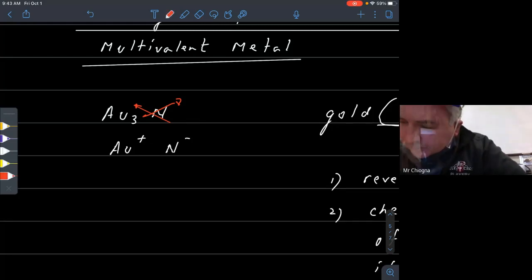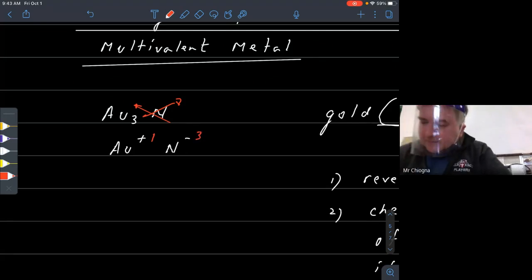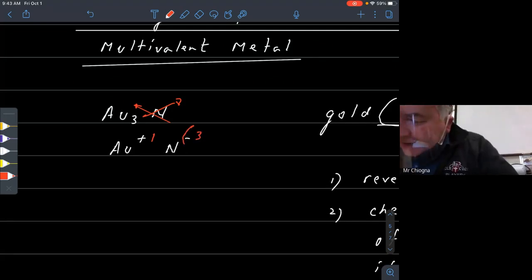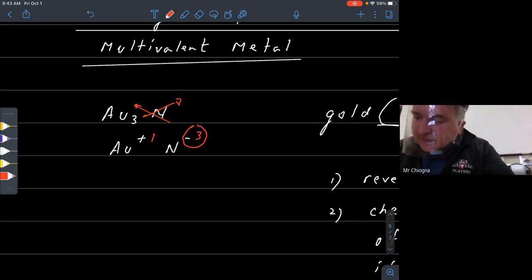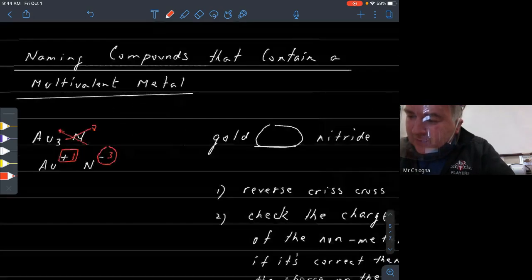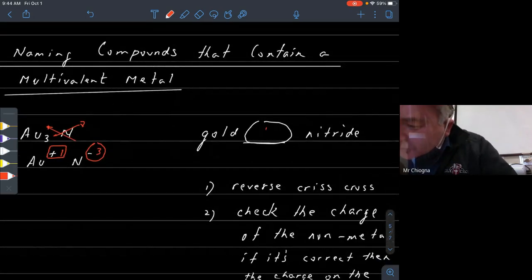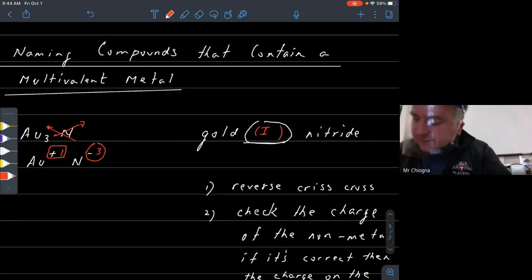This is +1 when you reverse it, and this is -3. Okay, so this is correct. I don't have to do anything. That is the Roman numeral I placed in the middle of the name. So if I go back to the name, I'll write gold 1 nitride.